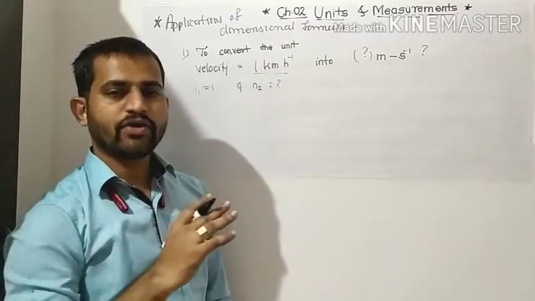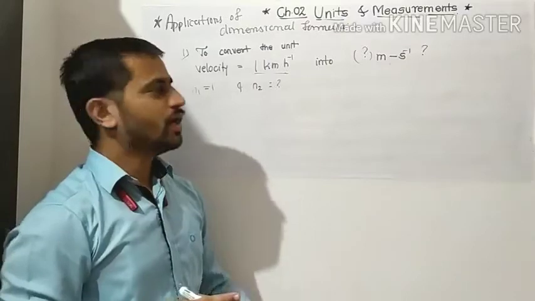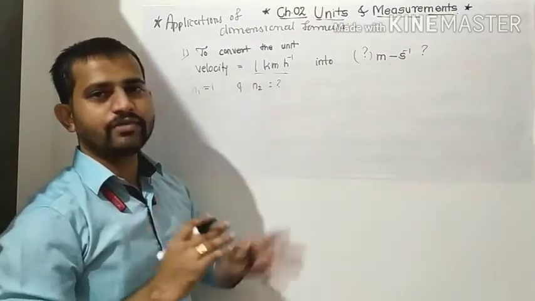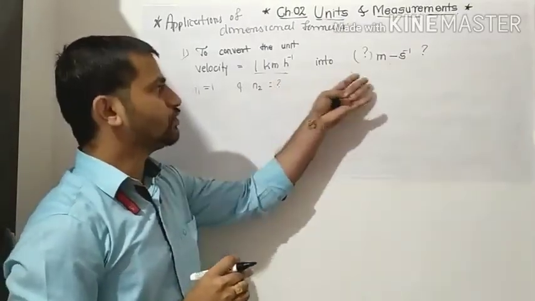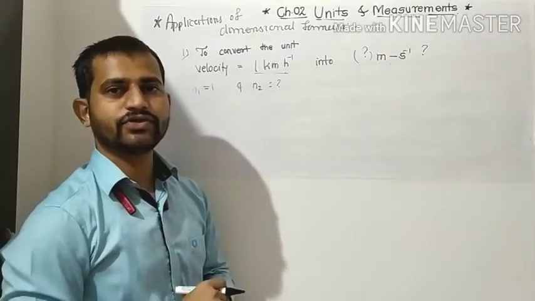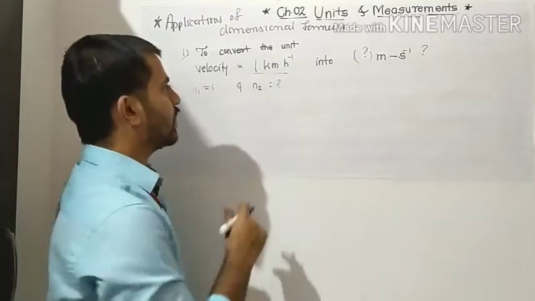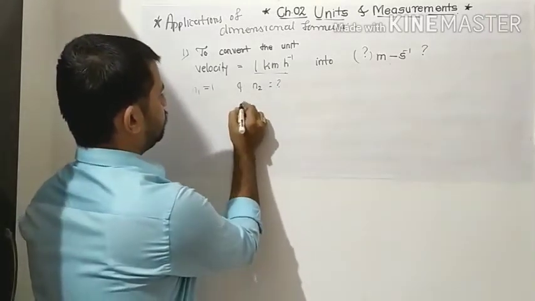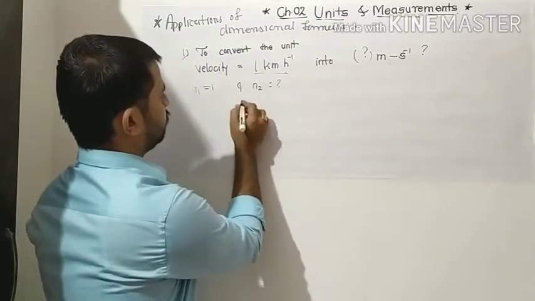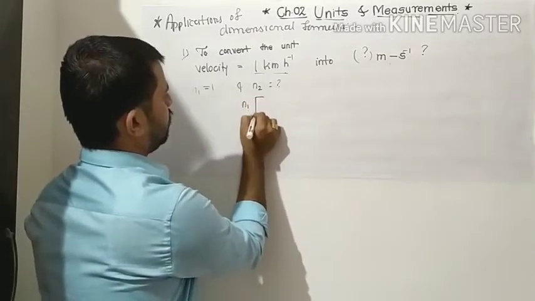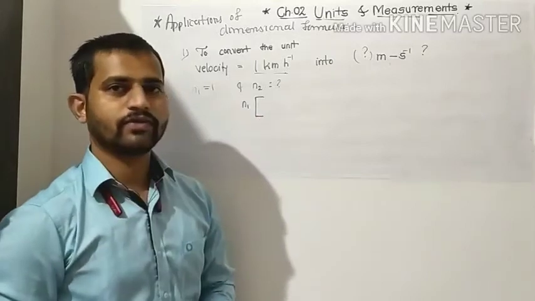Okay, so according to our dimensional formula, we can equate both quantities, because both quantities are the same, just there is the unit conversion. So we can write n1. What is the dimensional formula for the velocity?